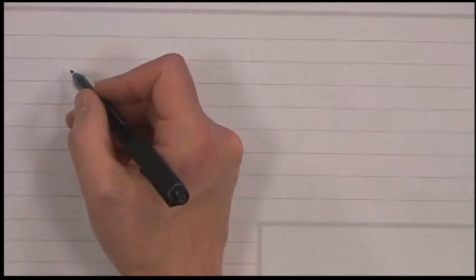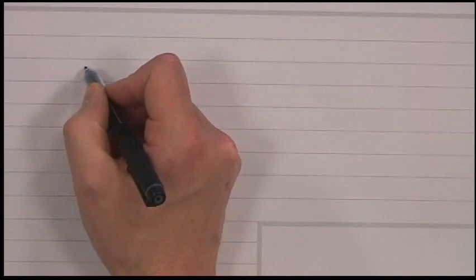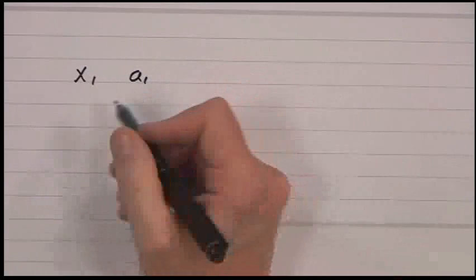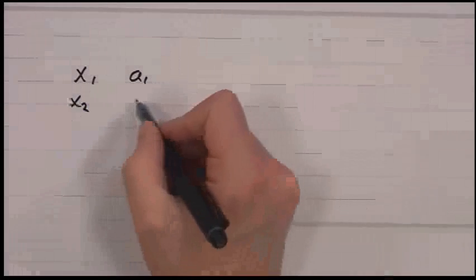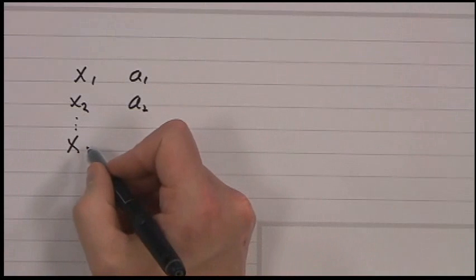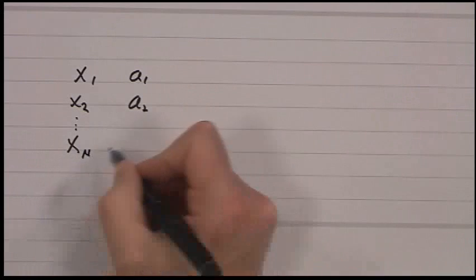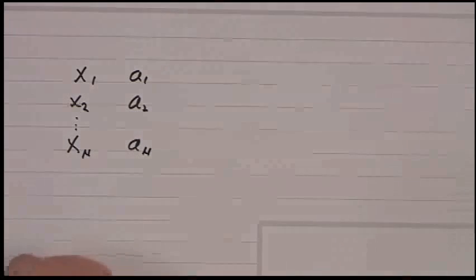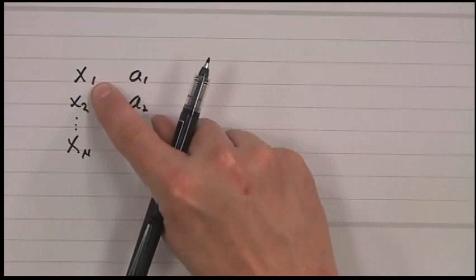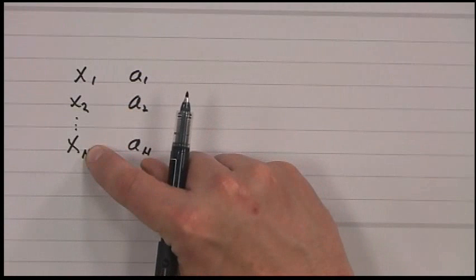You say, okay, I start off with x1, a1, and then I have x2, a2, and x n, a n, right? Now what I do is I sort them so that these x's are in order from smallest to largest.